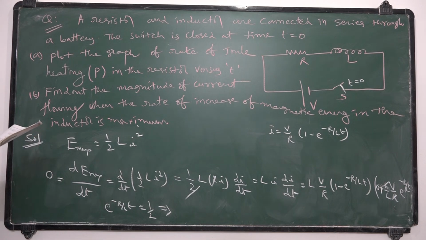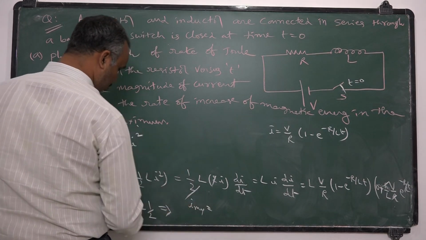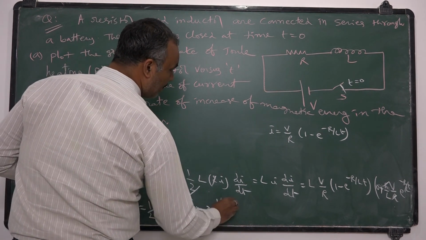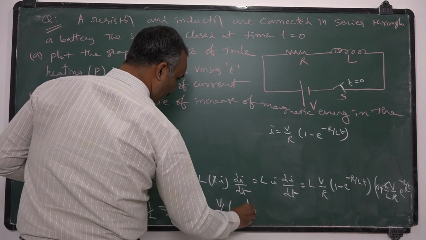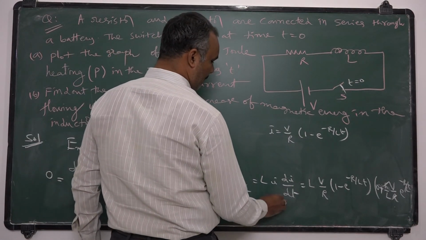You are asked to find the magnitude of current. On simplifying that expression, you will get I maximum. Substituting e power minus R by L into t as 1 by 2, you get V by R into 1 minus 1 by 2, that is V by 2R.